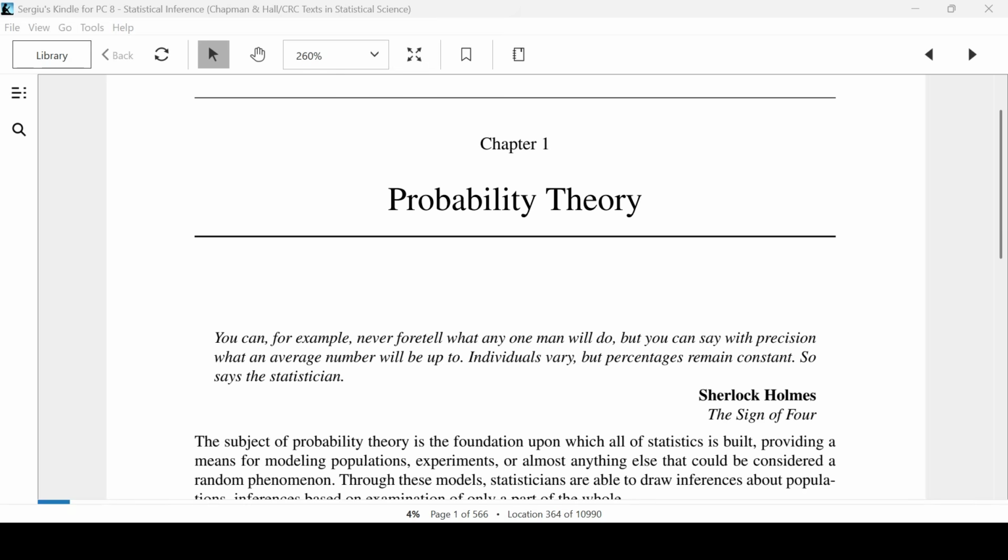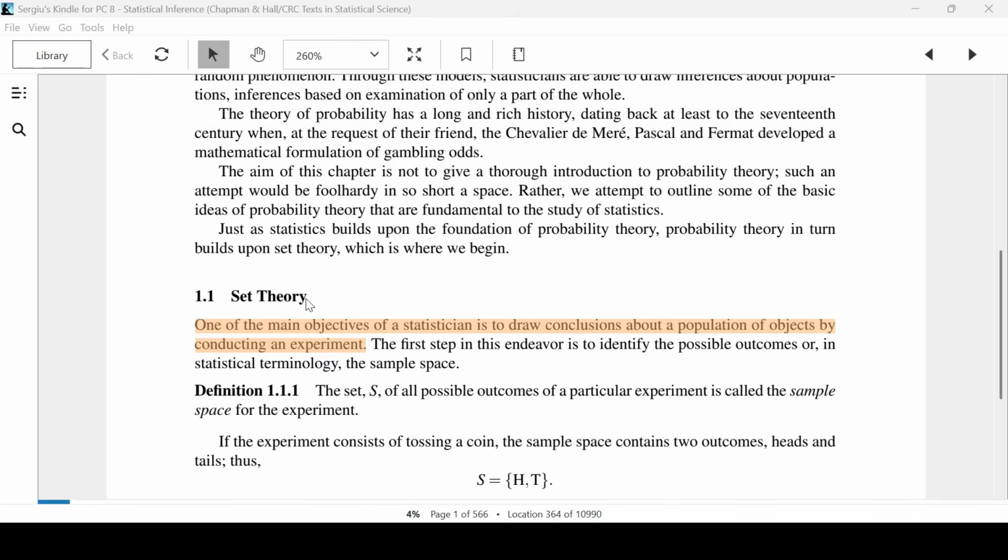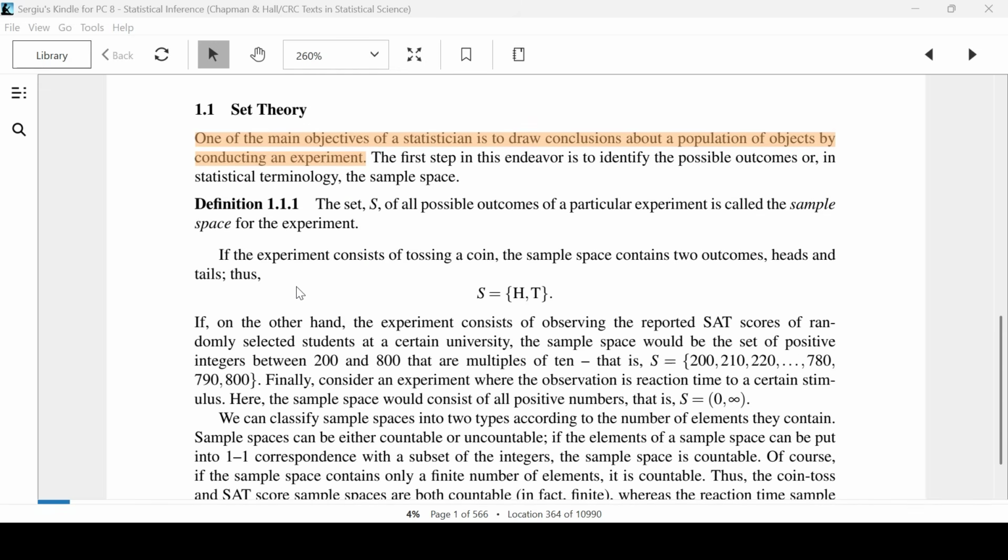So the sample space is a concept tied to an experiment, and the very first sentence in section 1.1 says, one of the main objectives of a statistician is to draw conclusions about a population of objects by conducting an experiment.